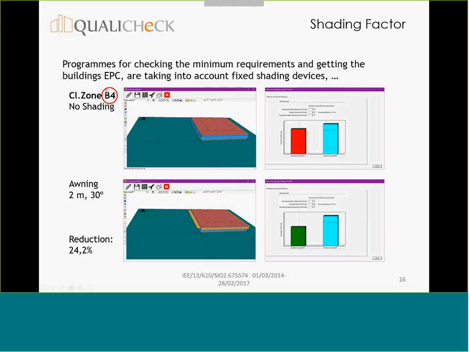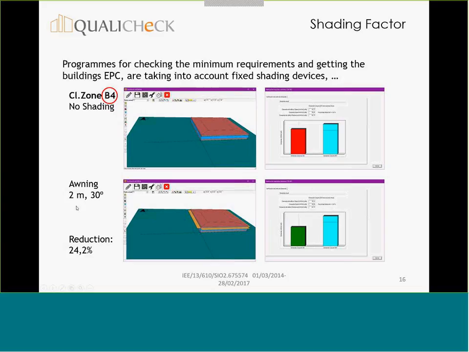For one more normal, in the south, in the center east of Spain, we have in the hottest place, the B4 zone. The situation is more or less the same. The limits are different. You can see, when you see the slides with a little bit more time, that the limits are different, but the situation is the same. With no shading, you can't comply with the limit of the combined heating and cooling demand.